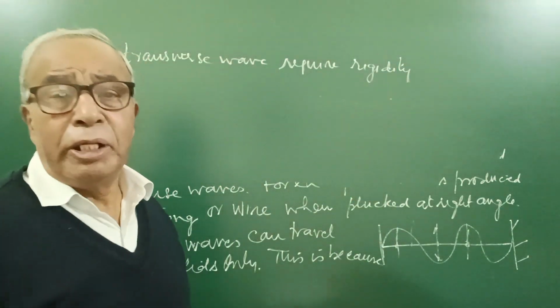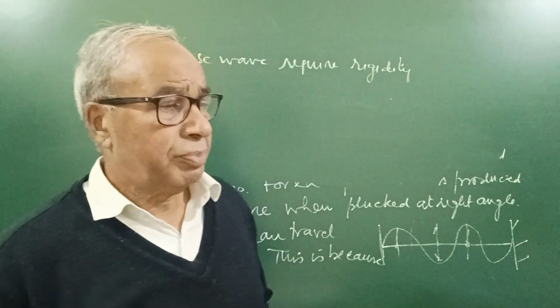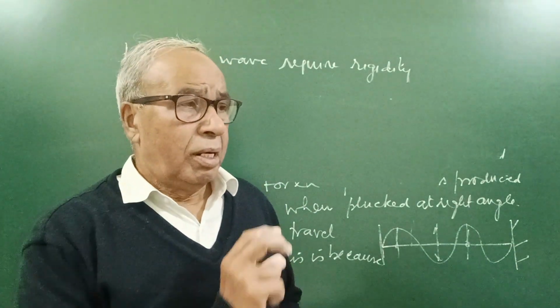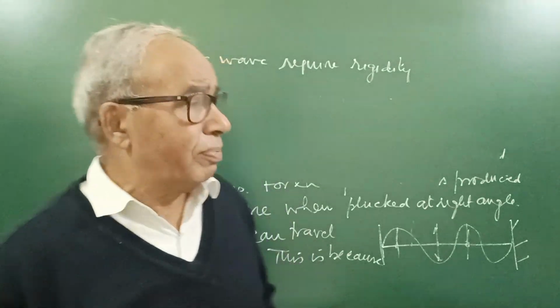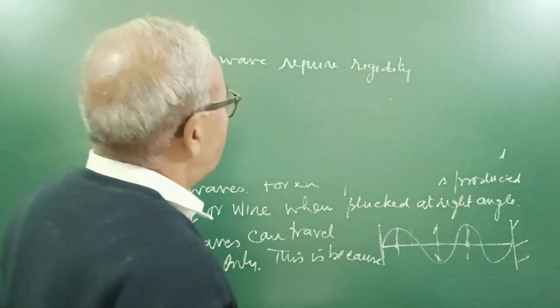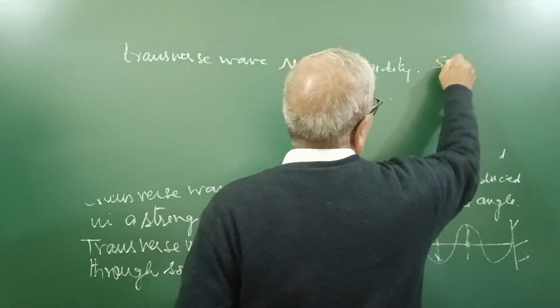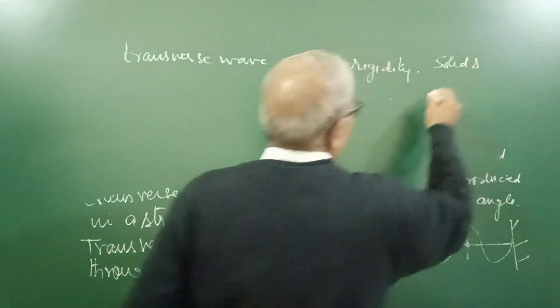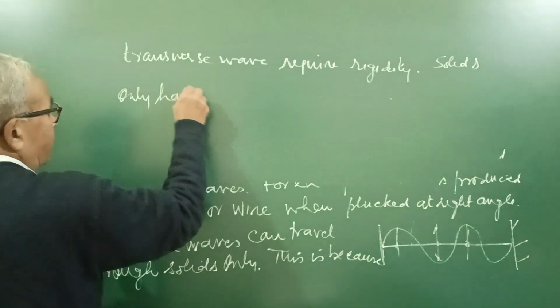Rigidity means the ability to maintain a fixed shape. Solids can have a definite shape. Liquids and gases do not have a definite shape. That's the meaning of rigidity. Transverse waves require rigidity, and solids only have rigidity.